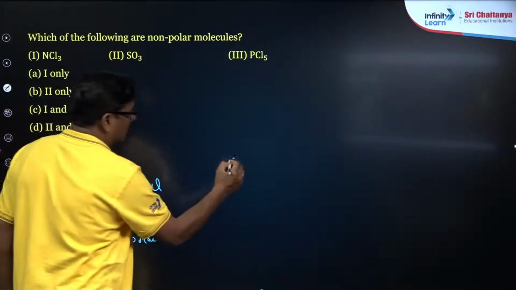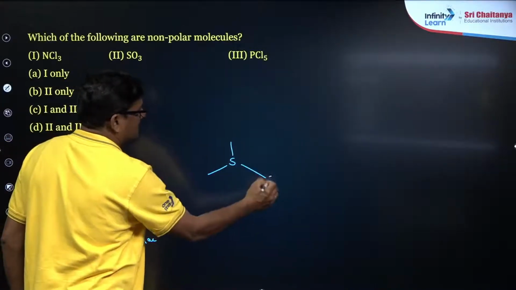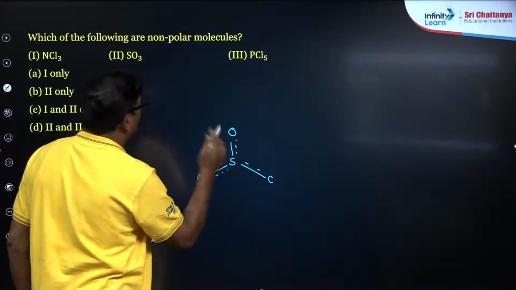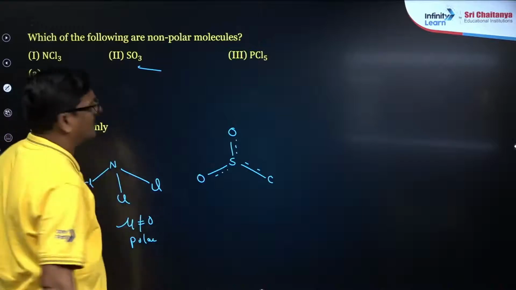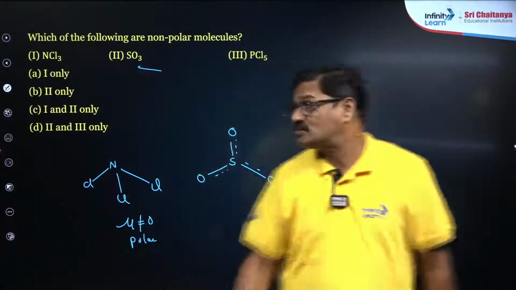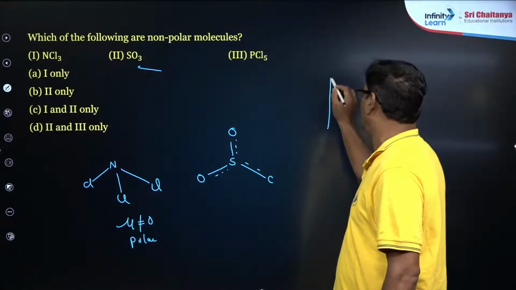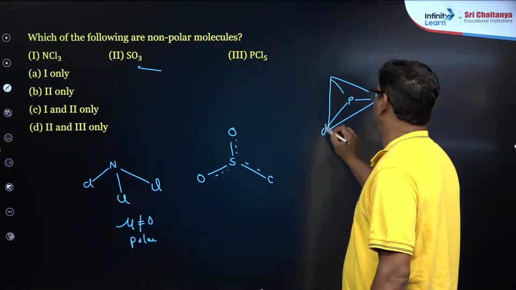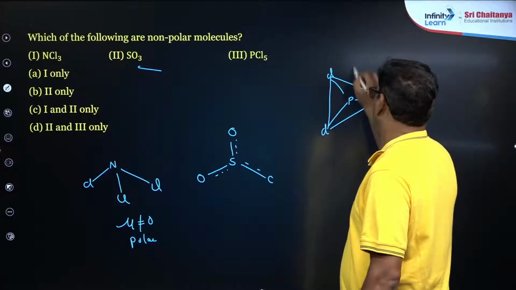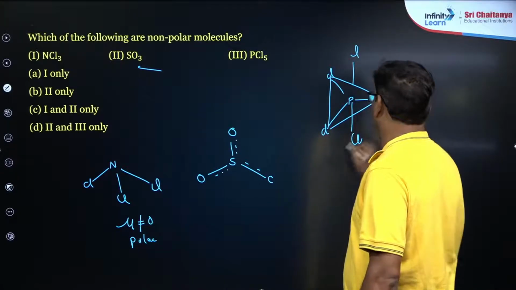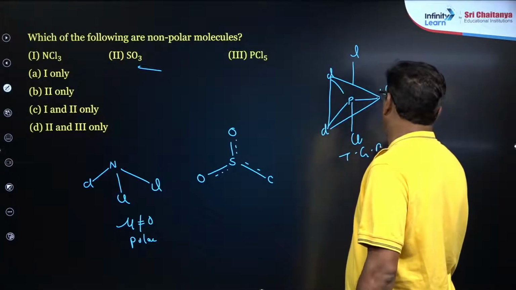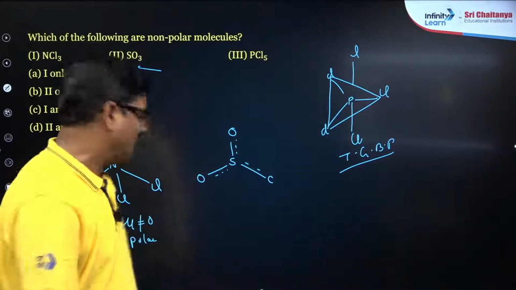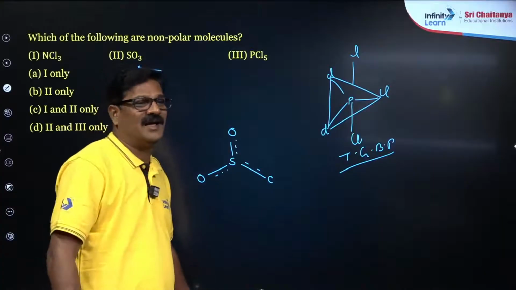Whereas SO3 has a symmetrical shape, its resonance hybrid is like this, so it is non-polar. Also PCl5 is trigonal bipyramidal, TGBP. That's good to see, very nice.